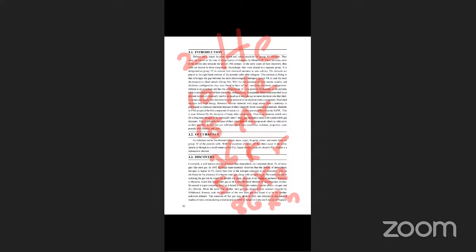These are the atomic numbers and elements: helium, neon, argon, krypton, xenon, and radon. So these are the zero group elements, with atomic numbers 2, 10, 18, 36, 54, 86. See this line: helium, neon, argon, krypton, xenon, and radon constitute the group of zero elements.